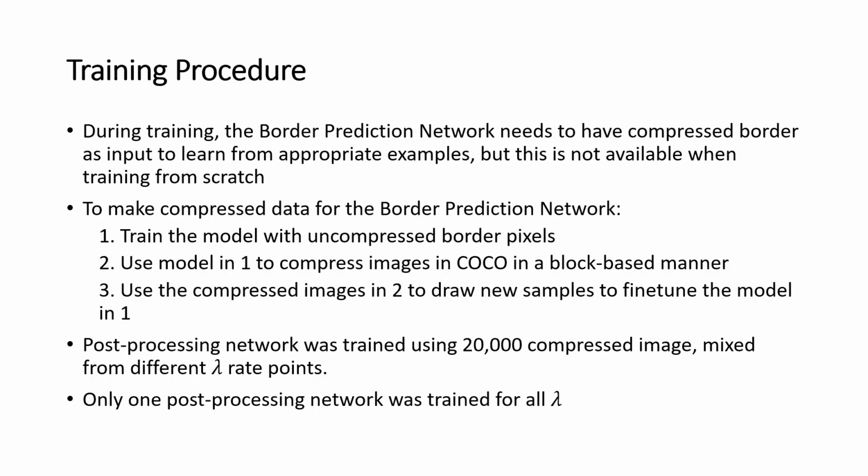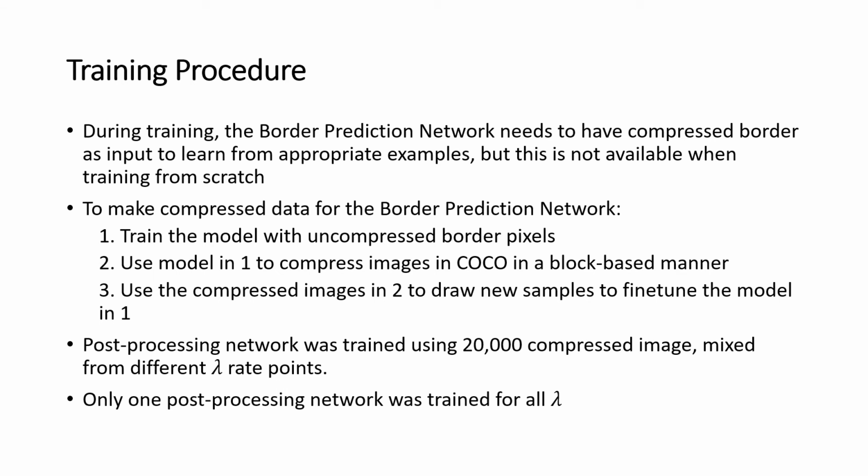We would like to mention some details about our training procedure. During training, the border prediction network needs to have compressed borders to take in as input to learn from appropriate examples. But compressed border is not available when we train the network from scratch. To make compressed data for the border prediction network, we use a three-step training procedure.